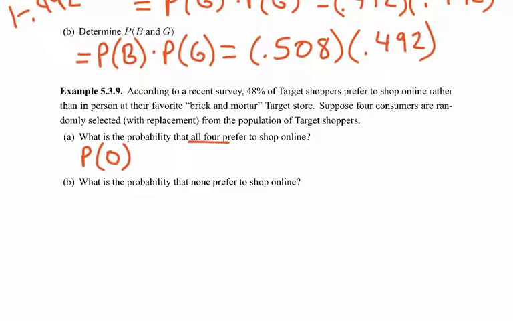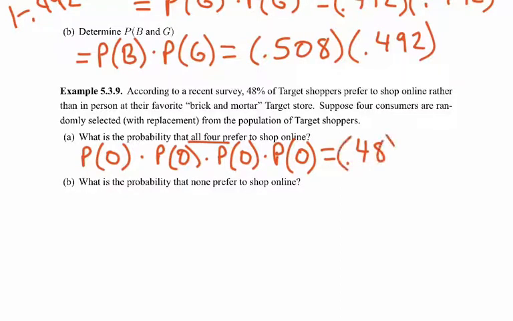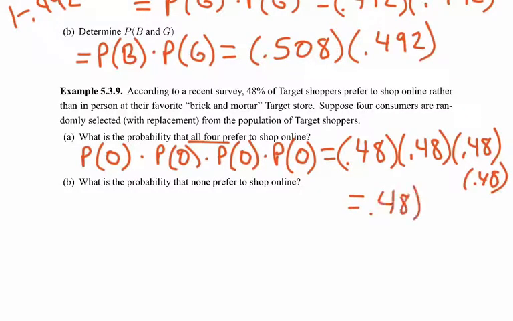So this is just like the questions above it. They're independent, so I'm just going to multiply each individual probability together. Assuming the probability for each one is 48% based on my sample, it would be 0.48 times 0.48 times 0.48 times 0.48. Sorry, I'm out of room here. And again, I don't have a calculator, but whatever that would be, 0.48 to the 4th power, if you want to shorten it up and write it that way.